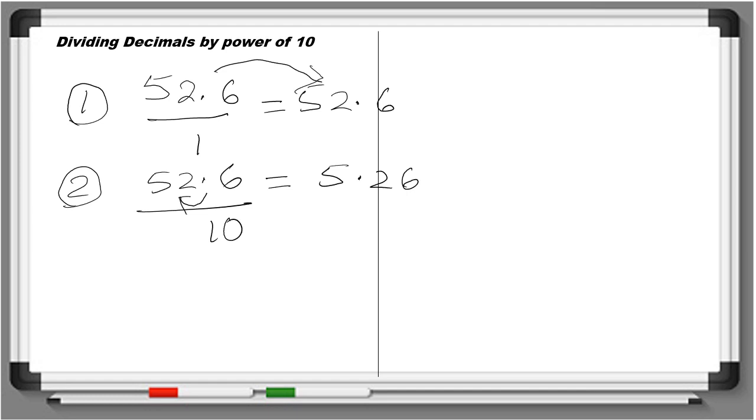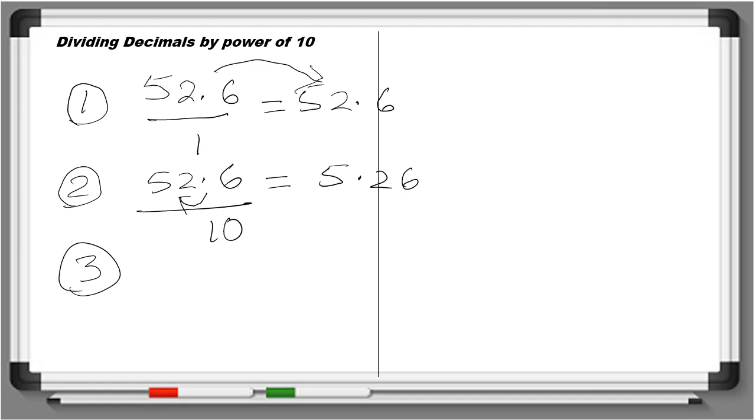The number becomes smaller, boys. 52.6, if I divide by 10, that means I am dividing 52.6 into 10 parts. So the number becomes smaller. Now it became 5.26. And the decimal moved one place from right to left.